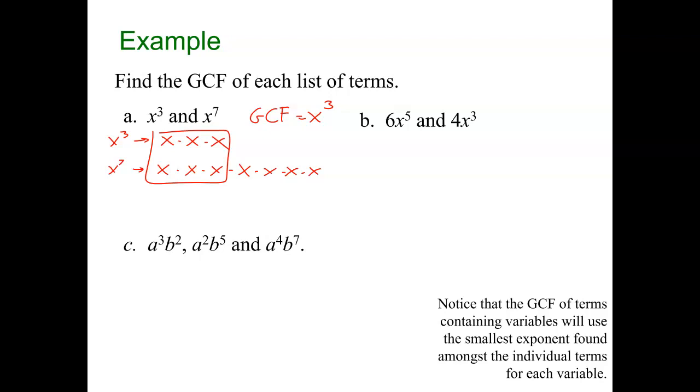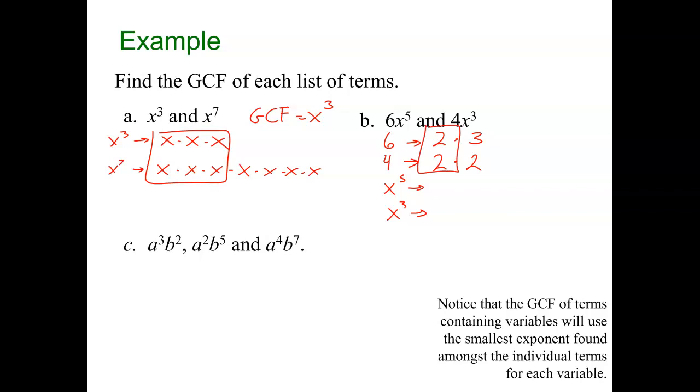Looking at B, now I have coefficients and I have variables. So I need to factor my coefficients and I need to factor my variables. What are my prime factors of 6? 2 and 3. What are my prime factors of 4? 2 and 2. What do they have in common? 2, and just one of them, just 2.